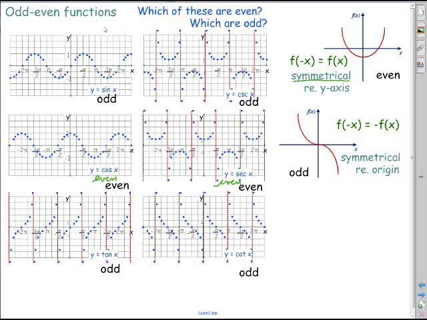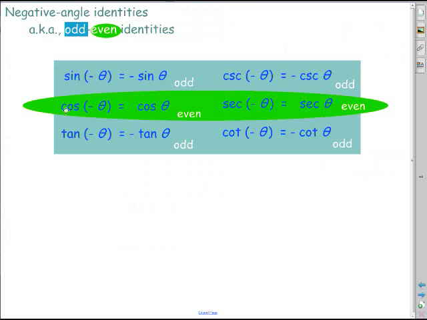So for the trig functions, at least for the parent functions, they are either even or odd. And here's a little summary of that. Here are our even ones, two of them, and our odd ones. So where are the identities? Do we see them here? Sure do. We can say that the sine of negative theta is always equal to negative sine of positive theta.